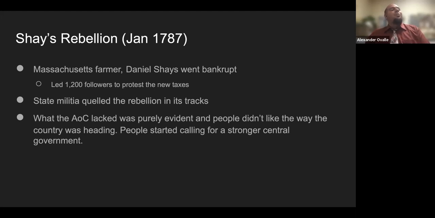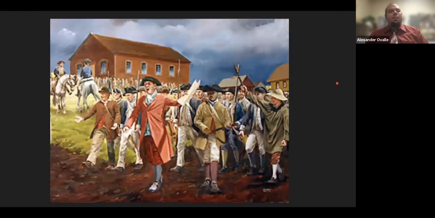What the AOC lacked was purely evident, and people didn't like the way the country was heading. People started calling for a stronger central government. Even though they didn't like it, it had to happen. Here's Daniel Shays' Rebellion.